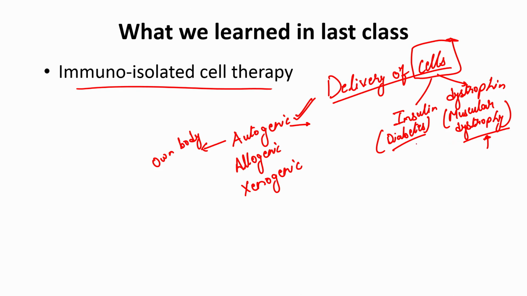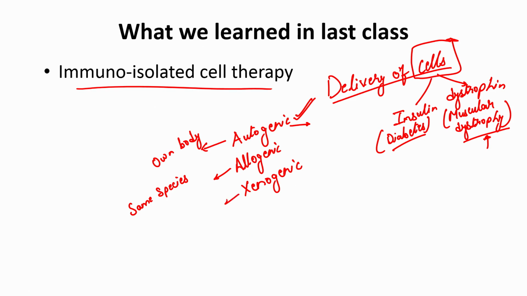So, you will need cells from a different source which have a functional copy, and in that case allogenic is the most preferred, which means getting it from the same species. Since we are humans, we are talking about getting it from another human donor. In this case the immune system will act against it, because it will recognize this as a foreign cell, and that needs to be protected.